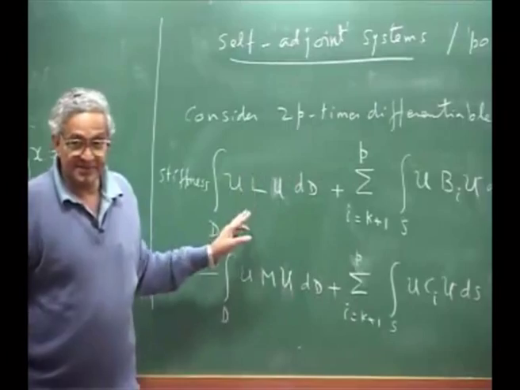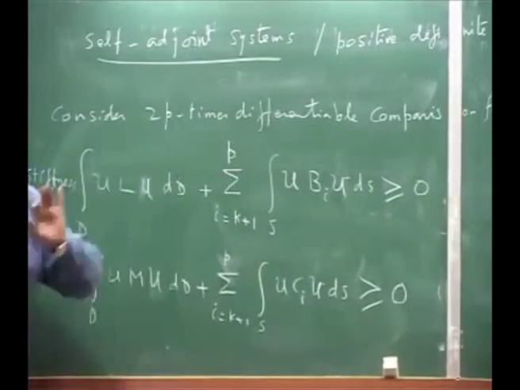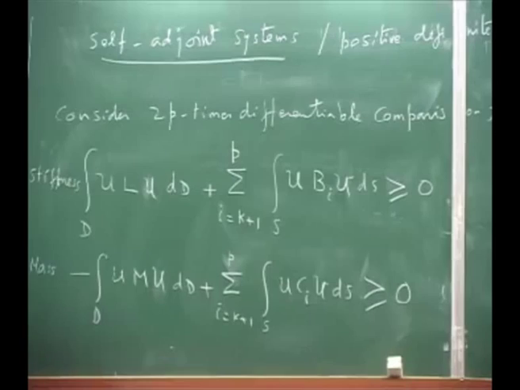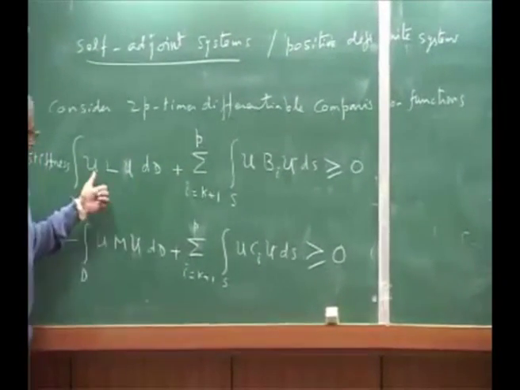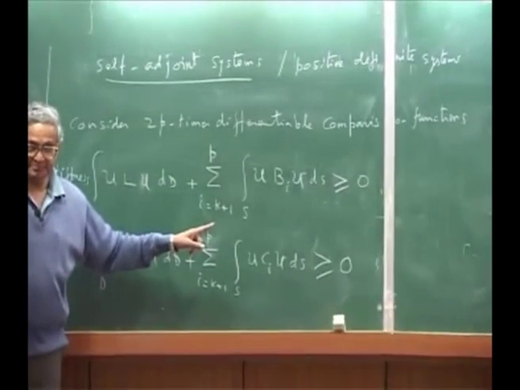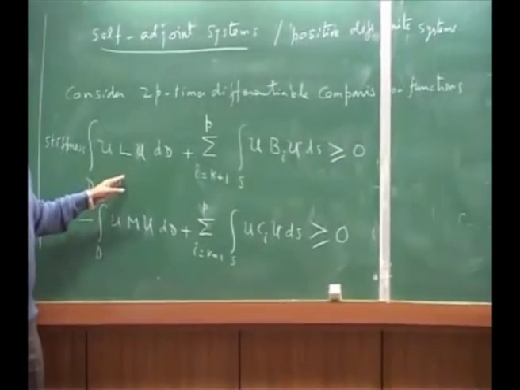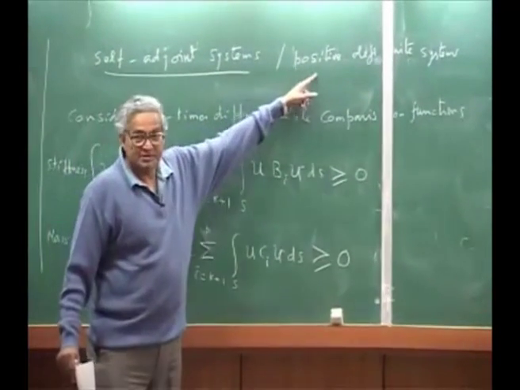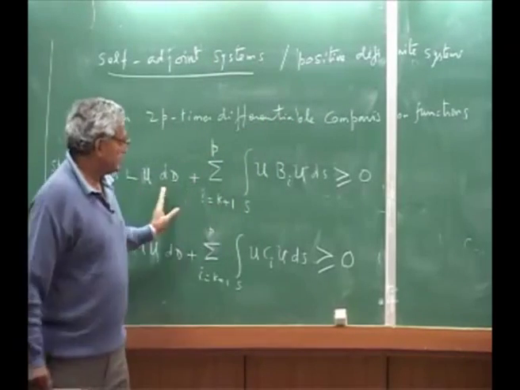Any comparison function, that is the key. That is why a 2p-times differentiable comparison function is essential. If this is always greater than 0, then the system is positive definite. Only when u is 0 is it equal to 0.